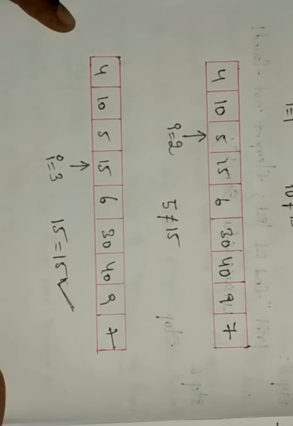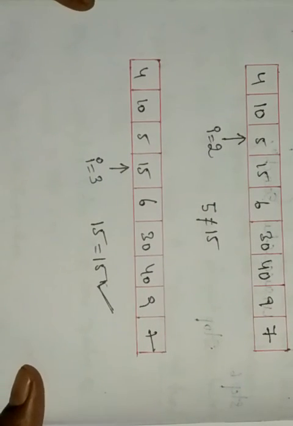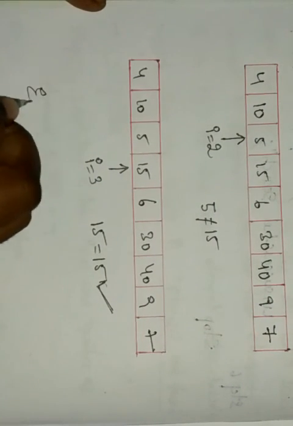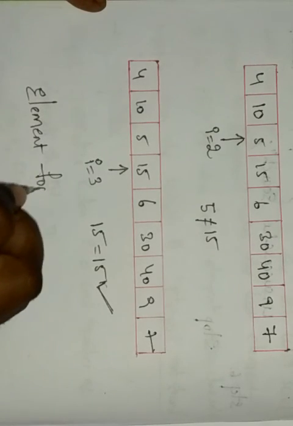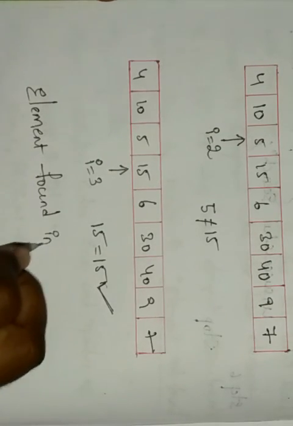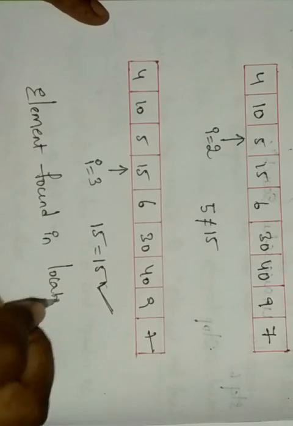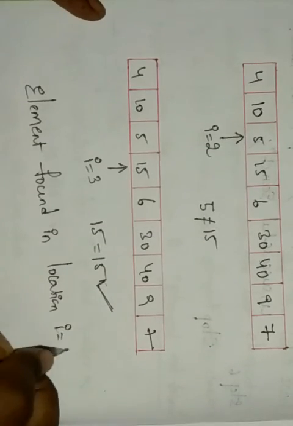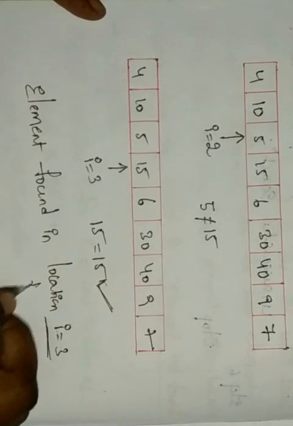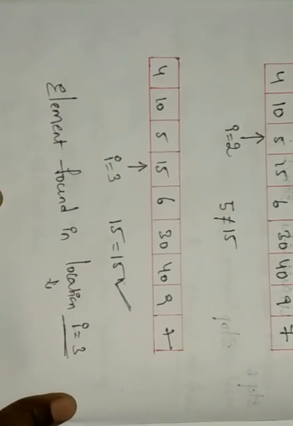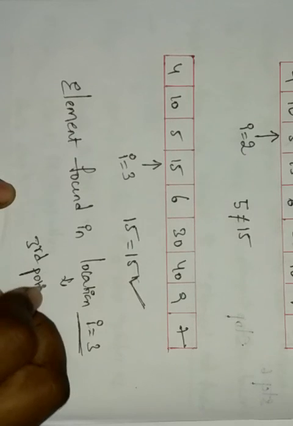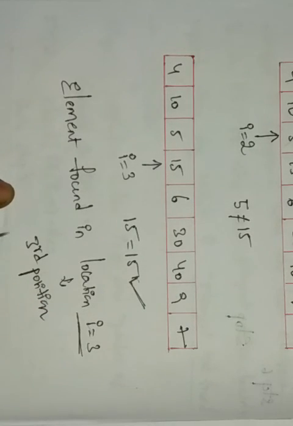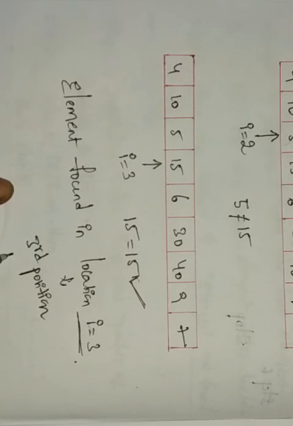Then it automatically shows: element found in location I equal to 3, that is the third position.